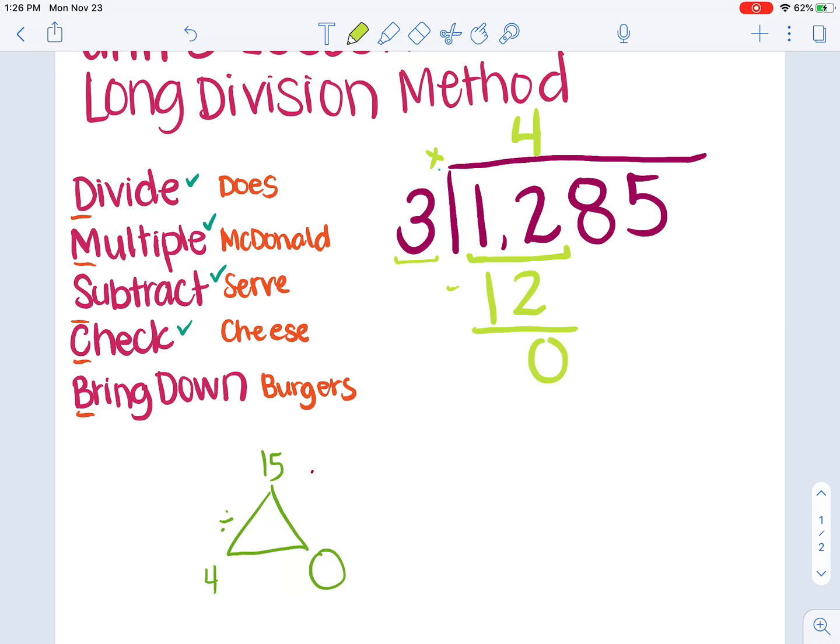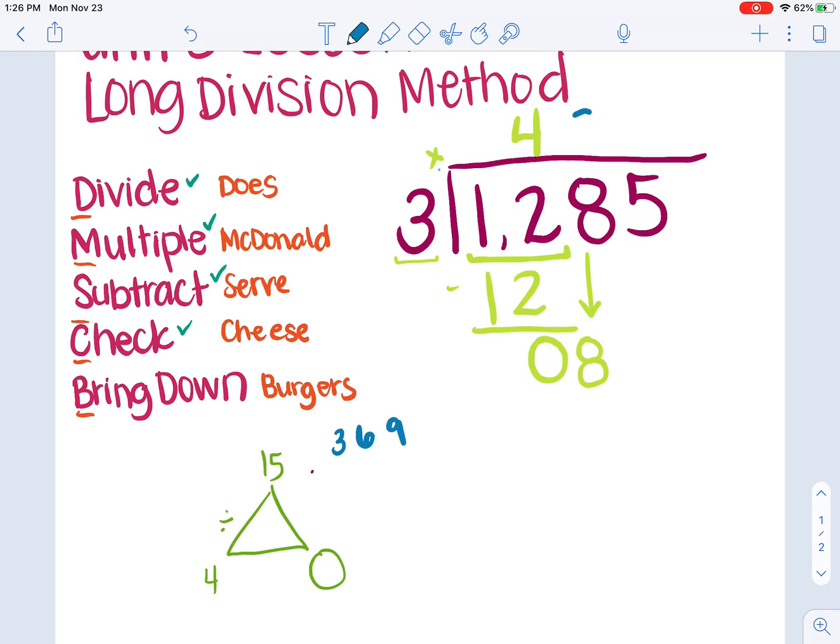Next, I'm going to subtract, and I get 0. Is 0 smaller than 3? Yep, pass the check. Now I'm going to bring down 8. Let's start our process over again. 8 divided by 3. I know 3, 6, 9.